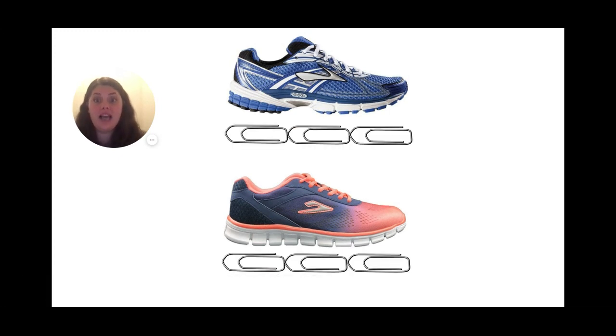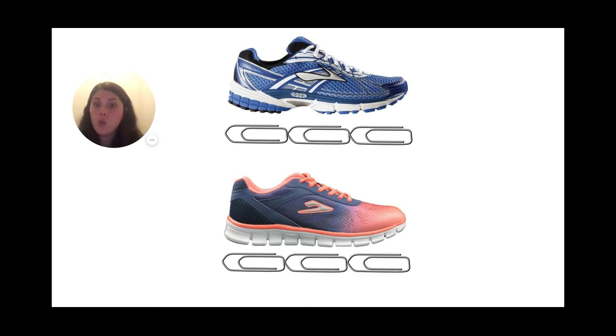All right, Keeble Cubs, how many paper clips in length does the top shoe measure? That's right, Cubs. It is 3 paper clips long. And how many paper clips is the bottom shoe, Keeble Cubs? That's right. It is also 3 paper clips in length.